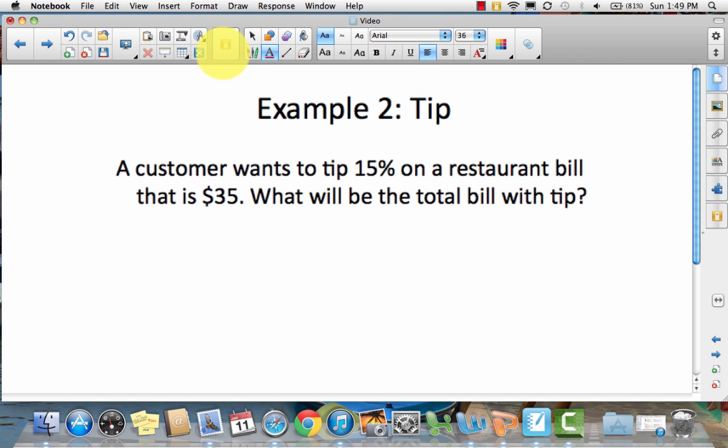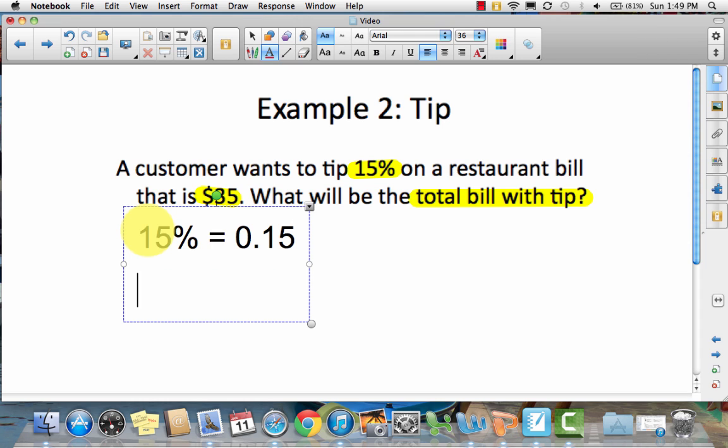The second example is dealing with a tip, and it tells us a customer wants to tip 15% on a restaurant bill that is $35, and we want to know what the total bill will be with the tip. So again, I always start off changing my percent to a decimal, so 15%. If I move the decimal point 2 times to the left is 0.15.